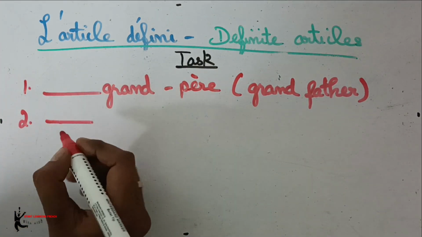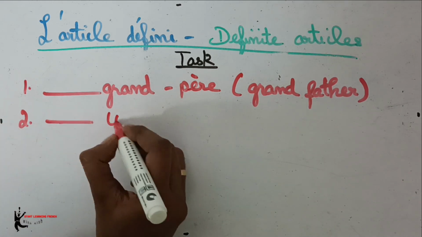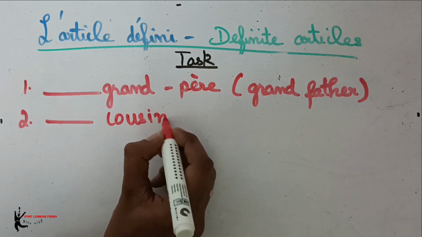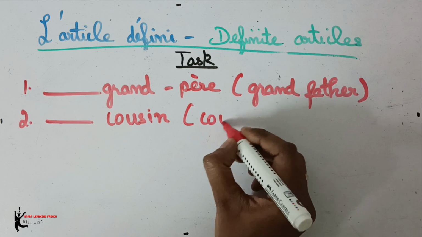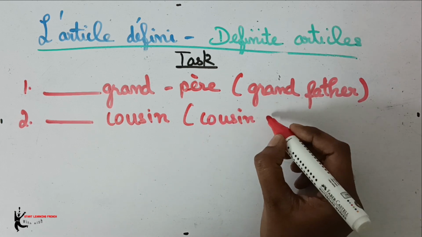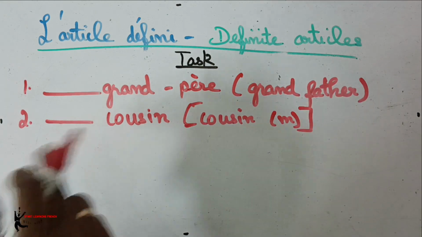The next one is dash cousin. Cousin is the cousin, the masculine cousin. What will you use for article definite?